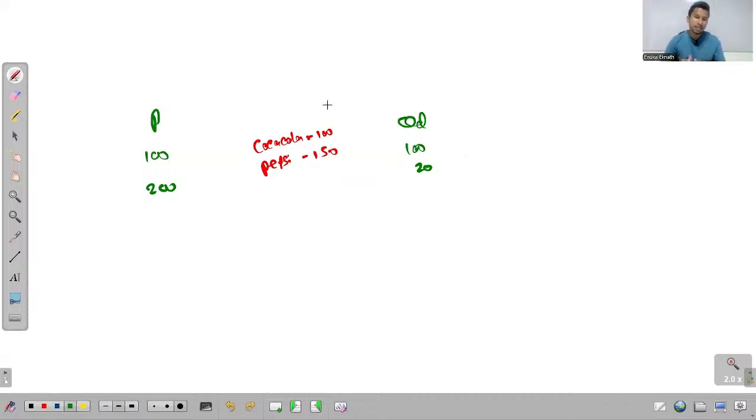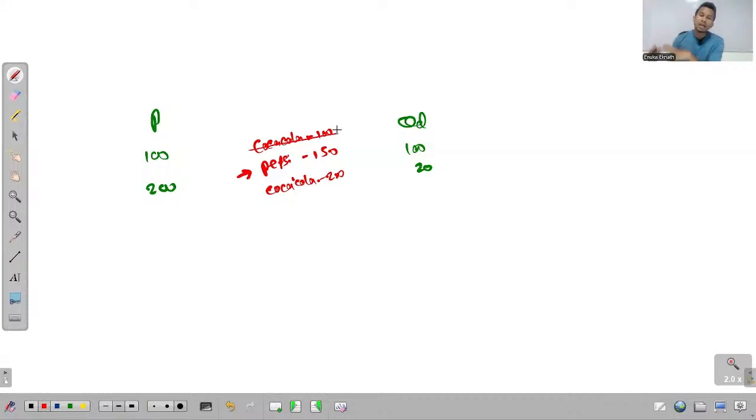So let me first explain this substitution effect. Earlier, as I mentioned, Coca-Cola was relatively cheaper, so consumers were consuming Coca-Cola. And now, see what has happened. Coca-Cola price has gone up to 200. Now, which product is relatively cheaper? Now, Pepsi is relatively cheaper. It's not 100 anymore.